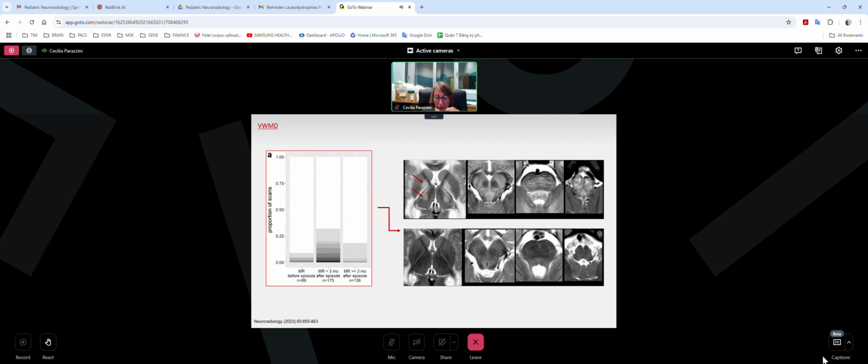We know that in vanishing white matter, there is a progressive derangement of the white matter that does not improve during the clinical recovery.